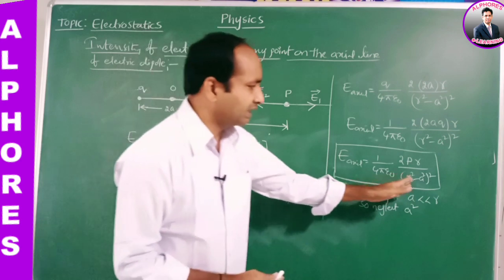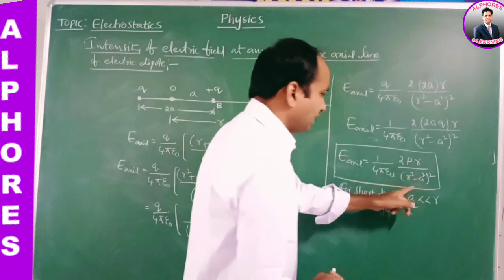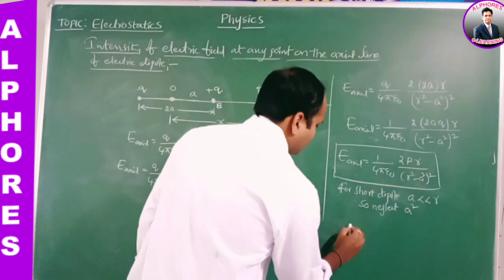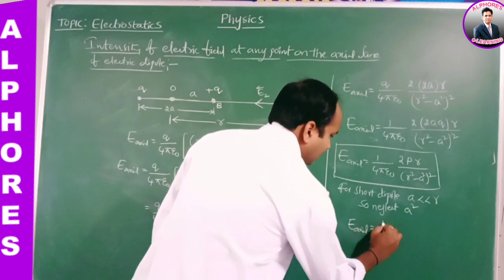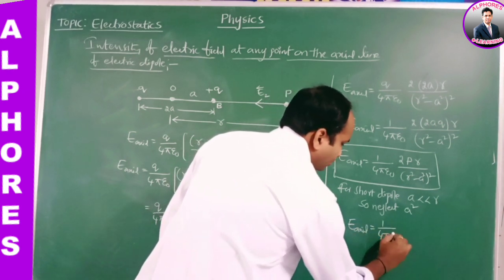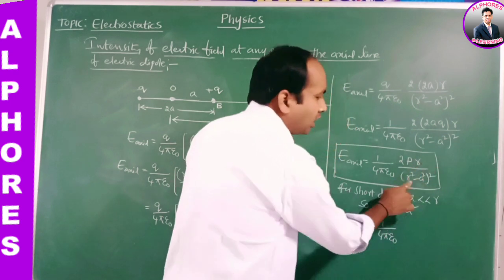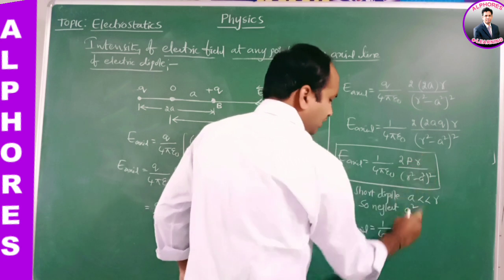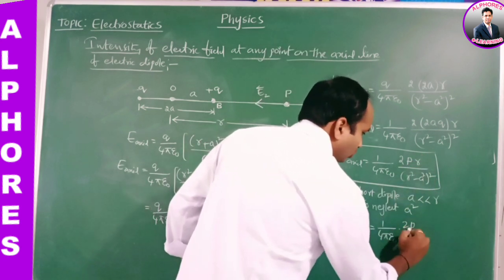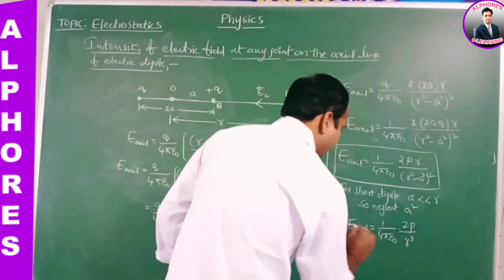Whenever you neglect a square from the above equation, the intensity of electric field on the axial line is 1 by 4 pi epsilon naught 2pr by (r square) whole square, which is r to the power of 4. The r cancels, so 2p by r cube.